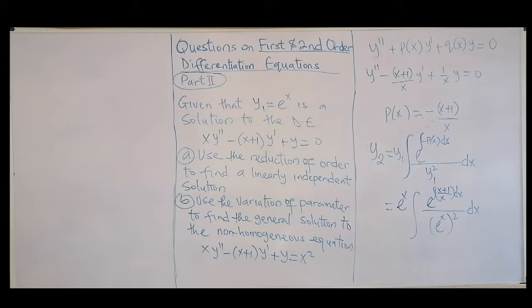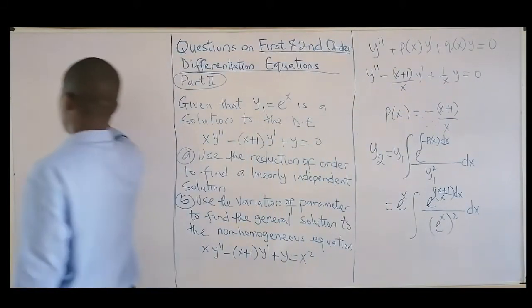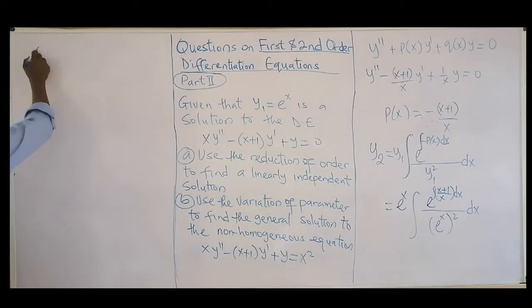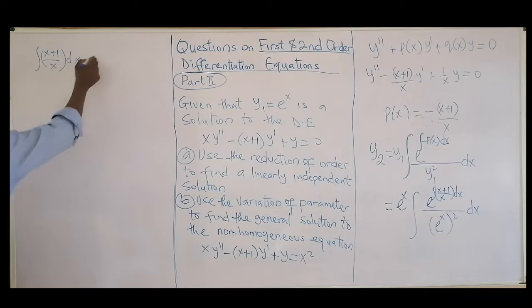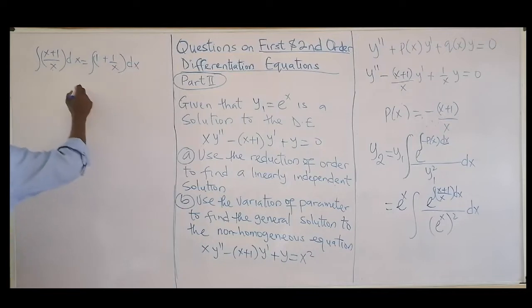So we're going to solve this first: the integral of x plus 1 over x dx. This will be x over x, that's 1, plus 1 over x dx, and this will be equal to x plus ln x. So that one is done.